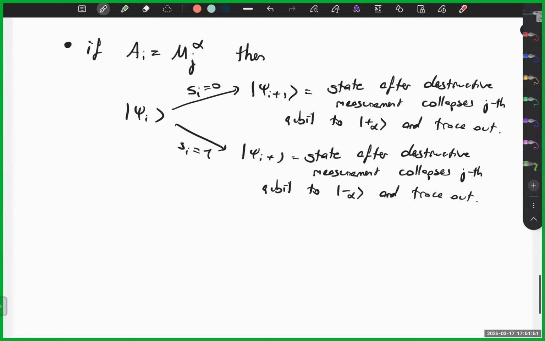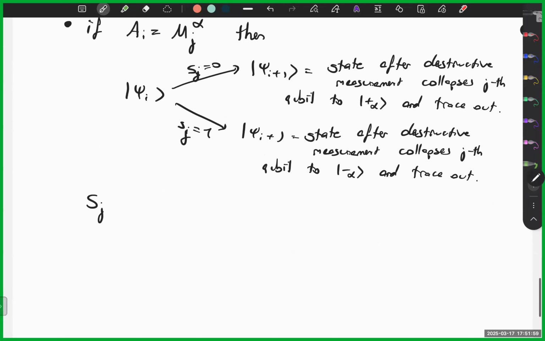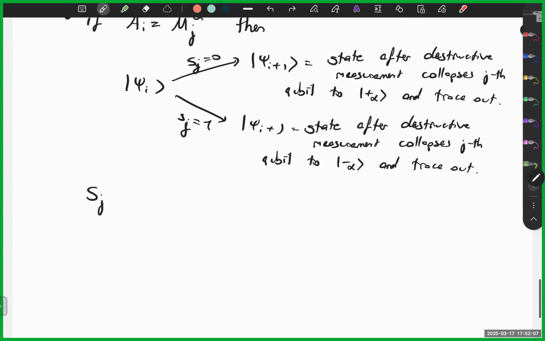And one important thing is we are storing the outcomes. Sorry, it's j, because I want it to be a different index than the index on the command sequence. So we store the measurement outcome Sj, and also we remove j from V, because since we are working with destructive measurements, it is no use to us after we measure it.